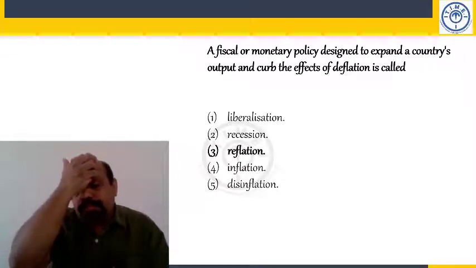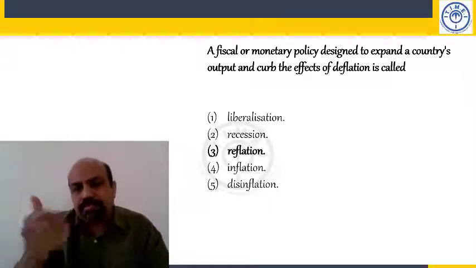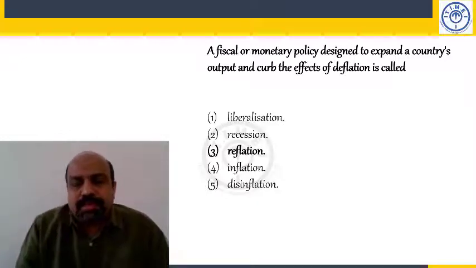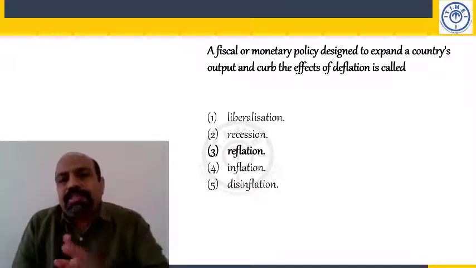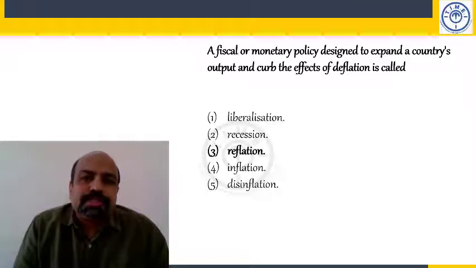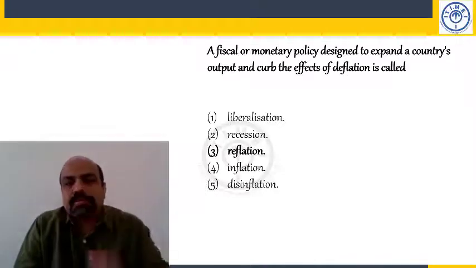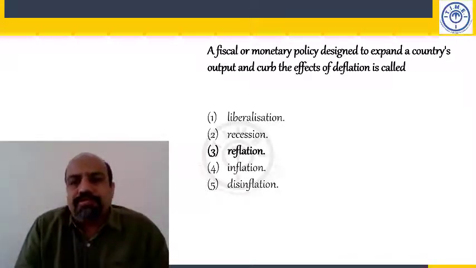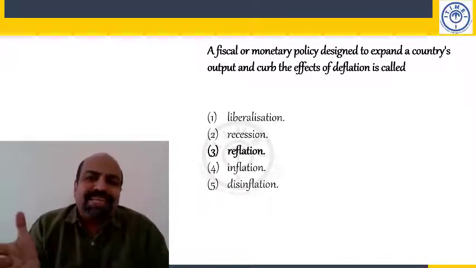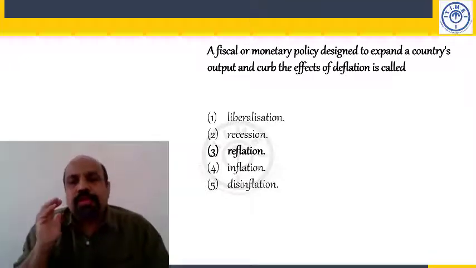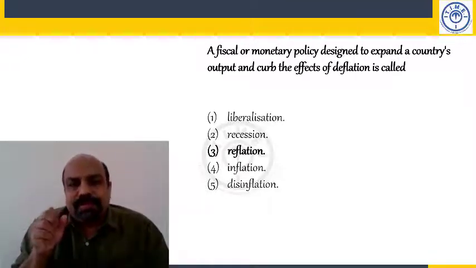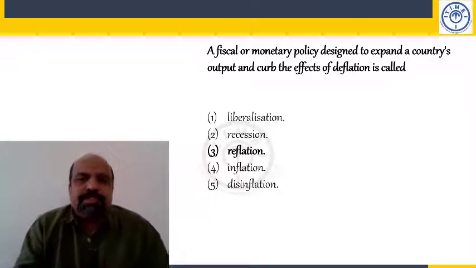Next point. Inflation reduces purchasing value of money. So money buys less and less when prices go up. So when we say 5% inflation, what is this 5%?